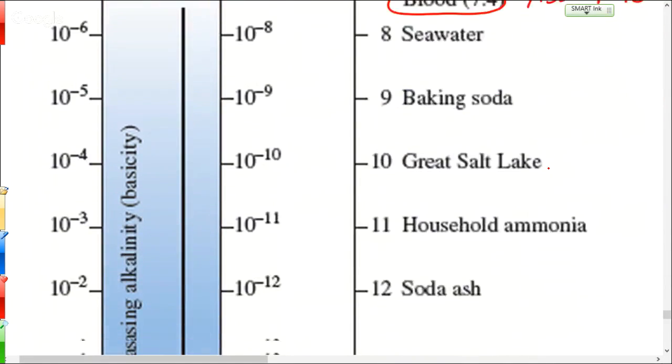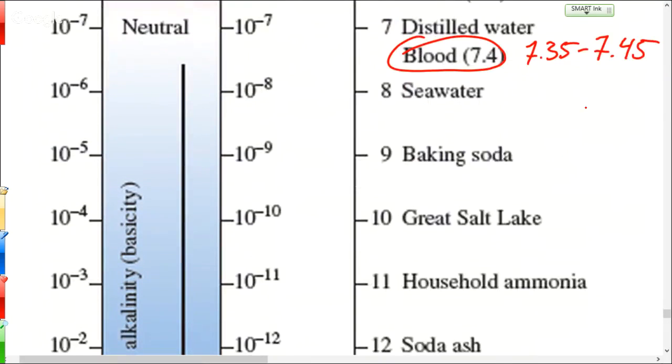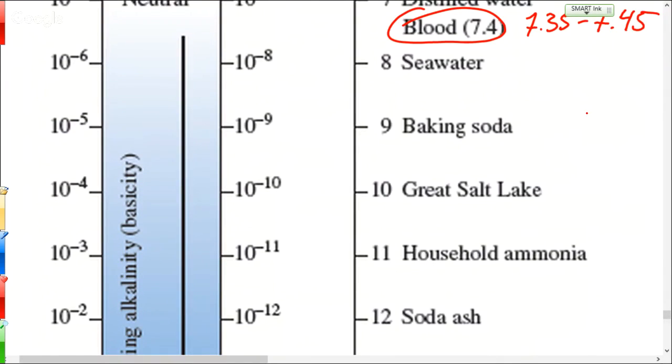And then onto the basic side of the scale, you don't see a lot of food stuff. We talked a little bit about that, how basic flavored stuff doesn't really taste great usually. So seawater is a little bit basic, tap water is a little bit basic. And then as you get more and more basic, you get into other stuff that is just as corrosive as what we saw before.